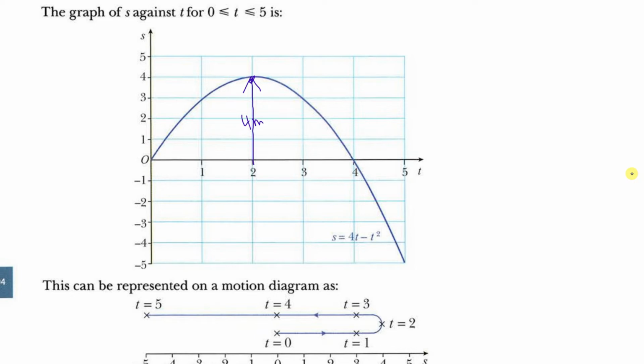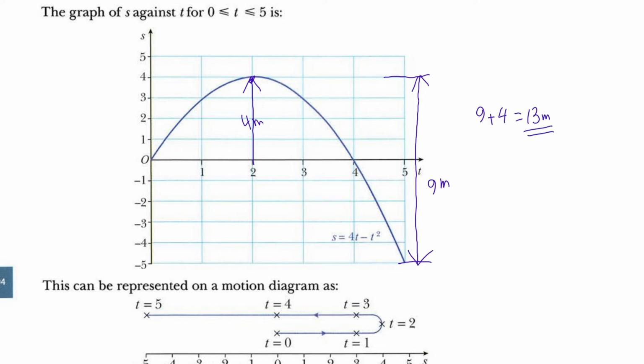This is the first stage. And from 4 to minus 5, it travels 9 meters. So if anyone asks for the distance from 0 to 5 seconds, we add 9 plus 4, which gives 13 meters.